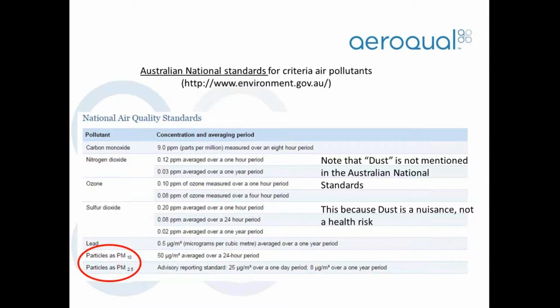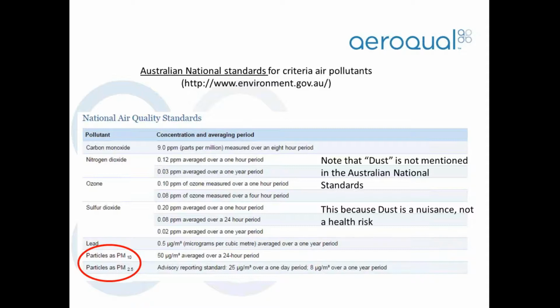And they give us what they call exposure limits. For PM10, the exposure limits are set at 50 micrograms per cubic meter, and particles as PM2.5 are set at 25 micrograms per cubic meter.